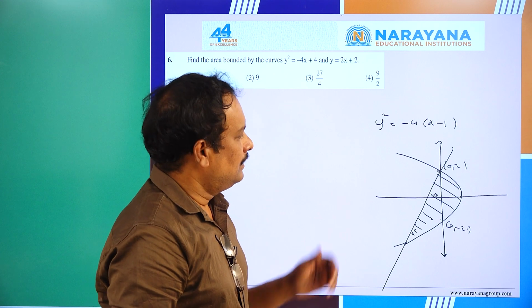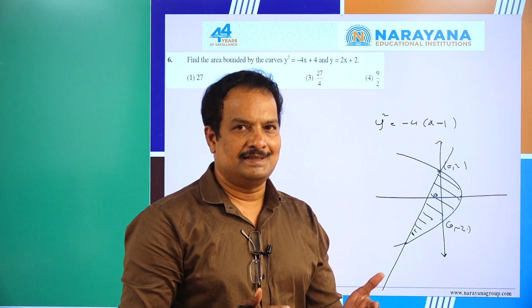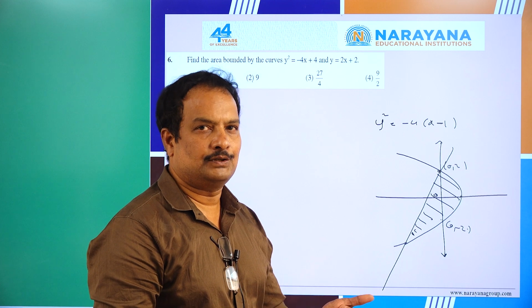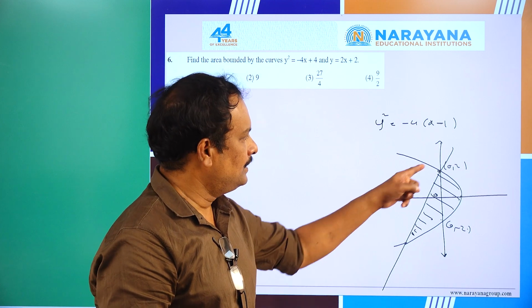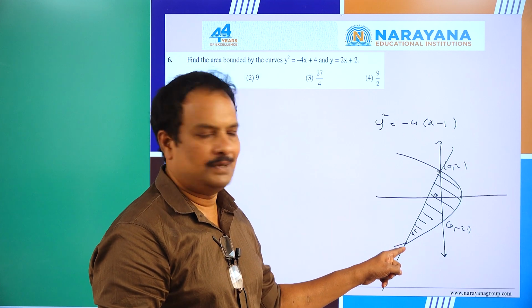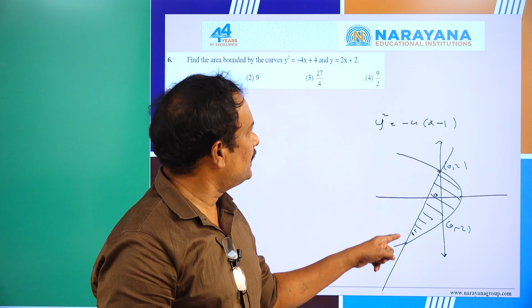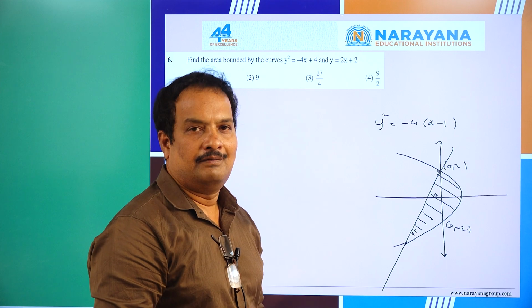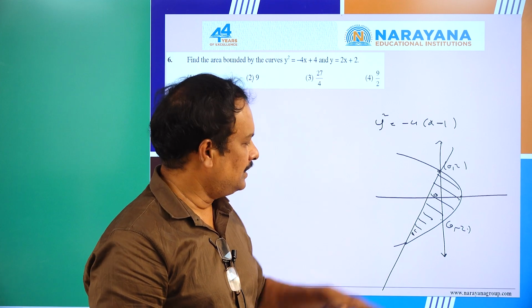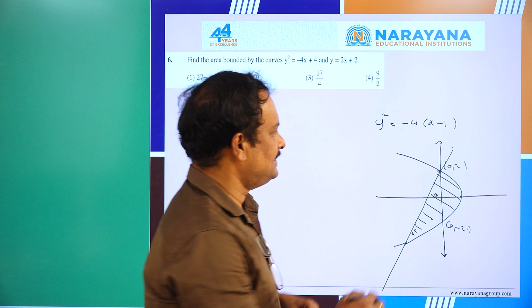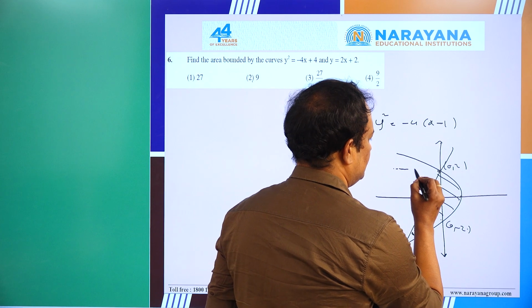Okay, but obviously, area bounded by the two curves means you can calculate with respect to y or with respect to x, obviously through the points of intersection. But at what point are they intersecting? One point is certainly (0, 2). Other point, if you want to find out, just eliminate y from those two or even x from those two. Anyway, we need horizontal lines. Why is it so?